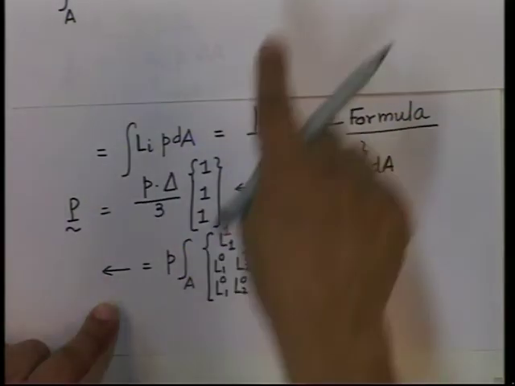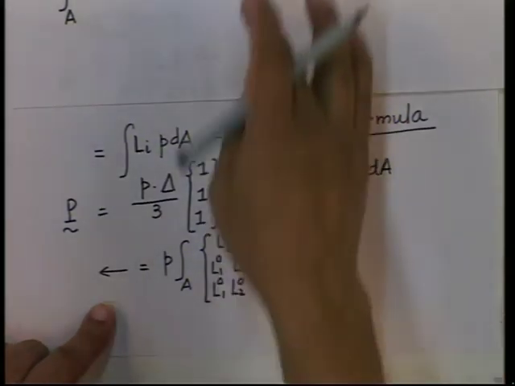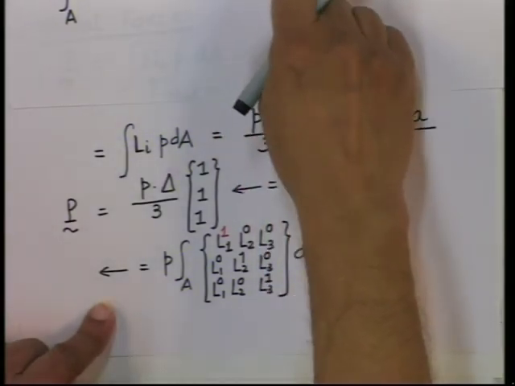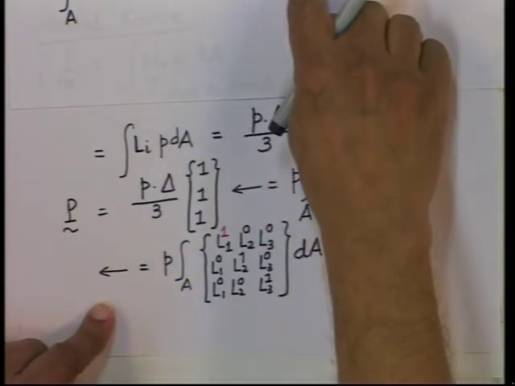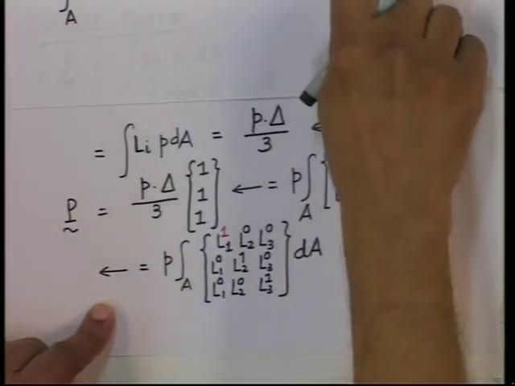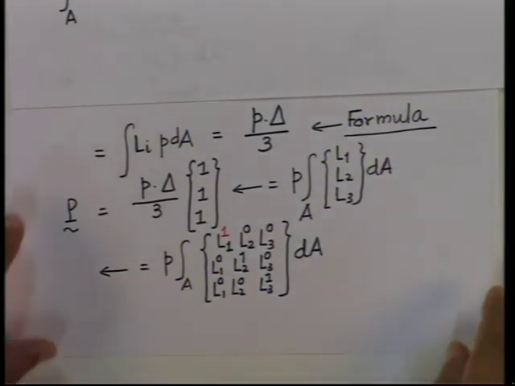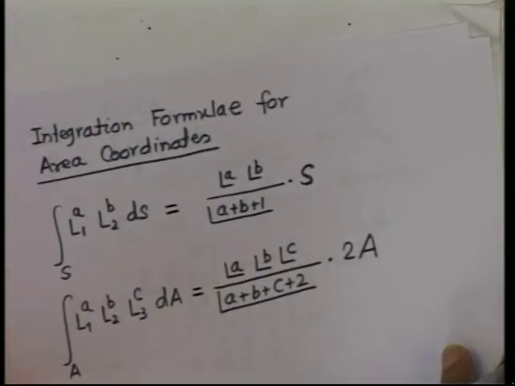If you apply this formula, you can do it for factorial 1, factorial 0, factorial 0, and it will be 1 over factorial 3 into 2A, so it will become 1 by 3. So this can be kept in mind. I have taken a very simple example to explain how to compute these, because after all you have to integrate.